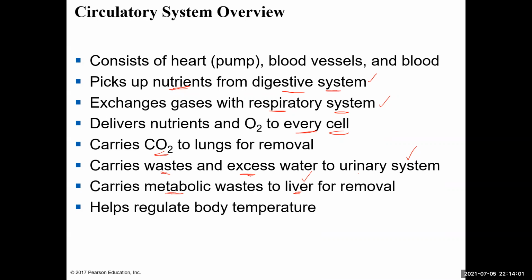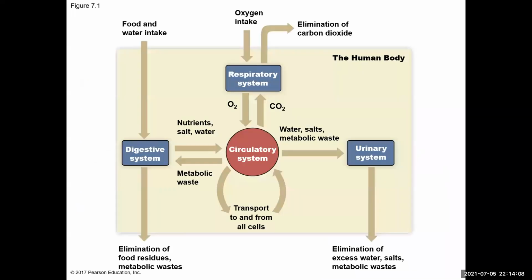And so the circulatory system is very important and interacts with a lot of different organ systems. So here's a figure of all of the different interactions for the circulatory system.